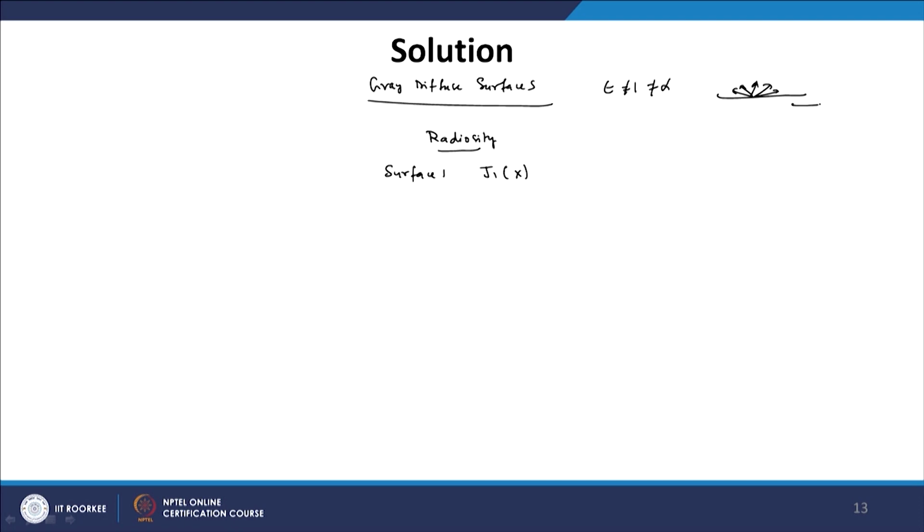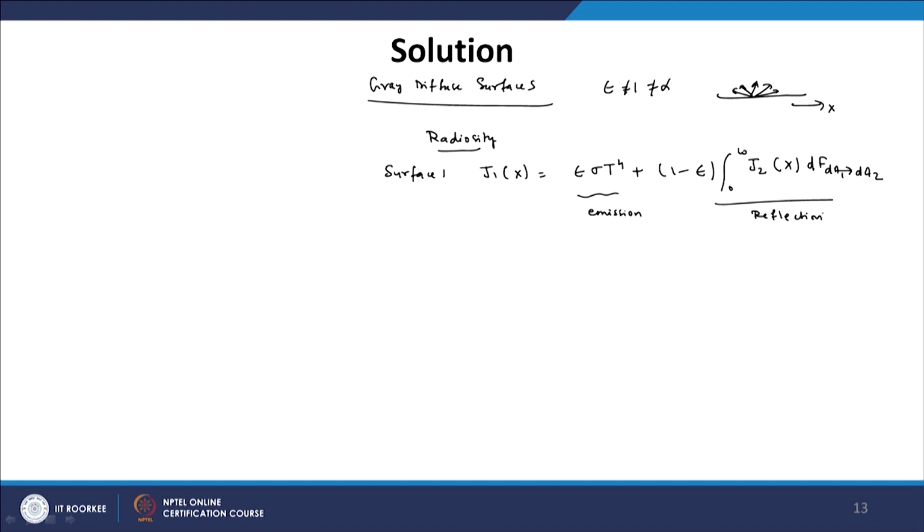X is the coordinate along the direction of the plate. It contains the emission term and the reflection term. So, this is the emission from the plate and this is the reflection from the plate.